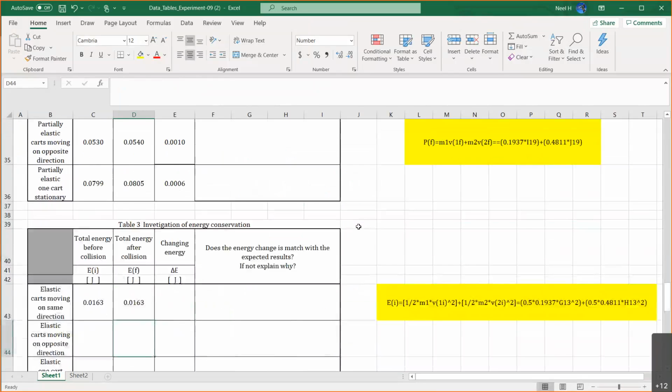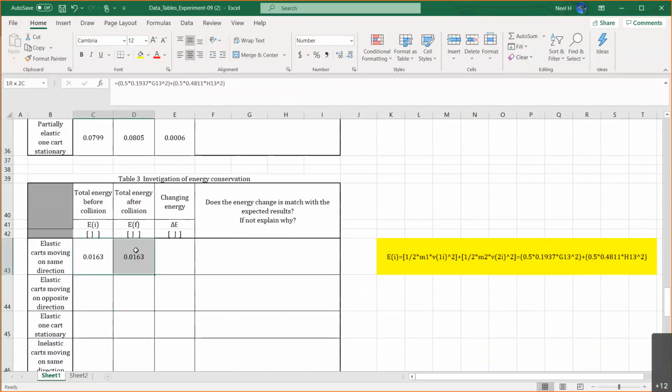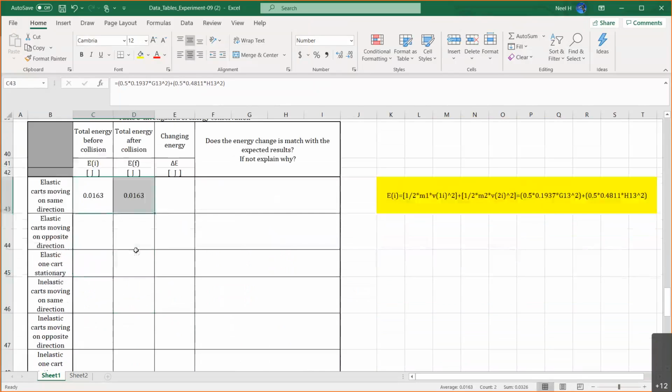Hit enter. So that is exactly the same down to the 4th decimal place. That's exactly what we are expecting. So you can check maybe the 5th decimal place to see whether there are any possible changes.